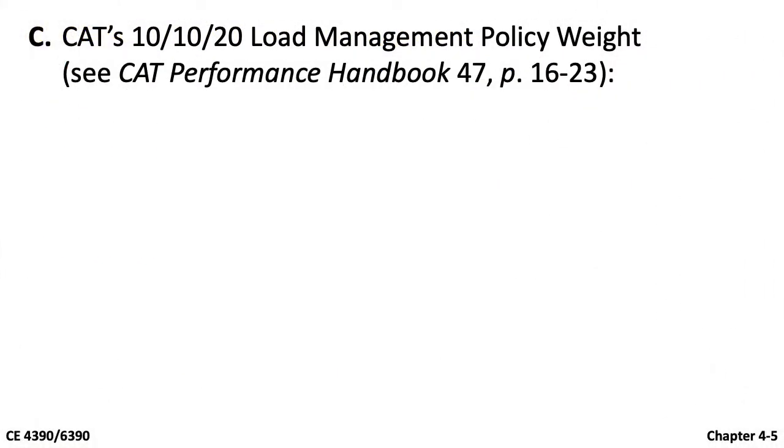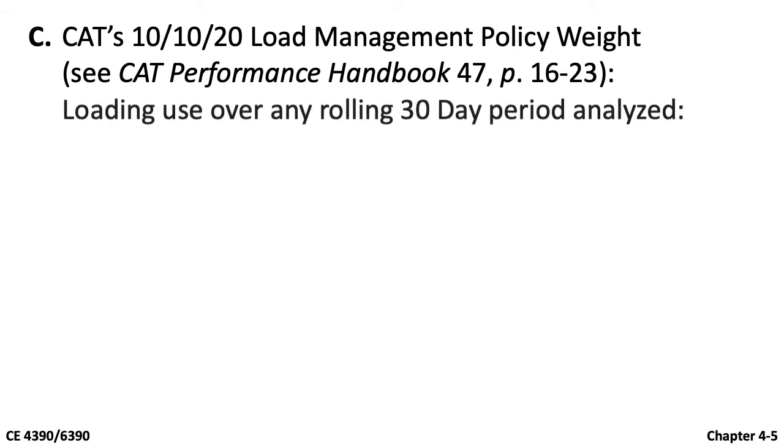To extend the life of the equipment and to avoid any accidents, many manufacturers, including Caterpillar, provide a load management policy that gives you some guidelines on how to load the equipment safely. You can see the details in the Caterpillar Performance Handbook 47 on page 16-23.